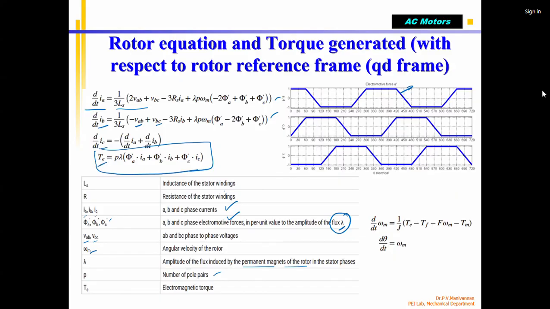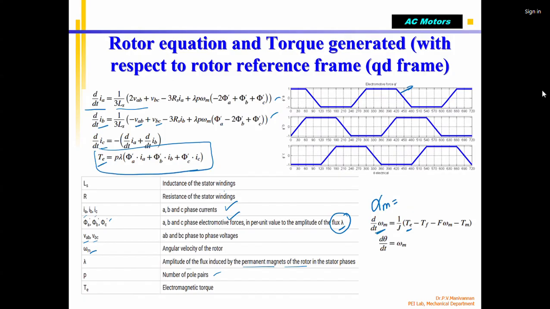Here we know that for the motor, the acceleration is d by dt of omega m, where omega m is the motor shaft speed. So d by dt of omega m is nothing but acceleration. Shaft acceleration is 1 divided by J times Te, where Te is the torque generated by the electromagnet.